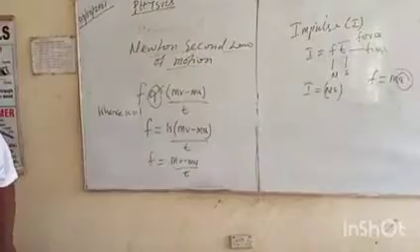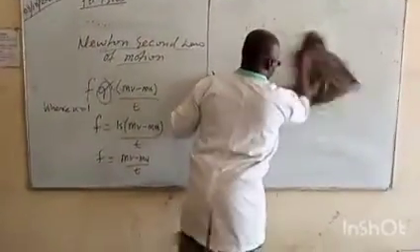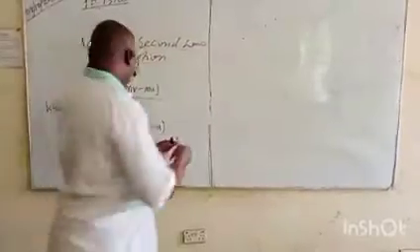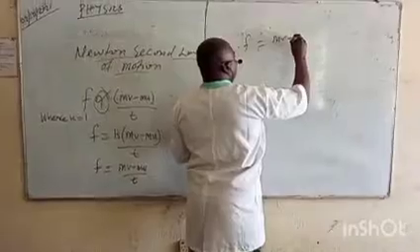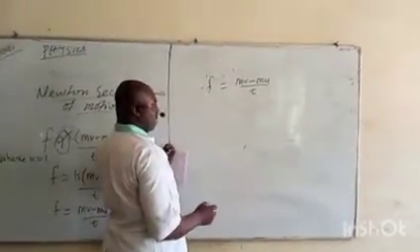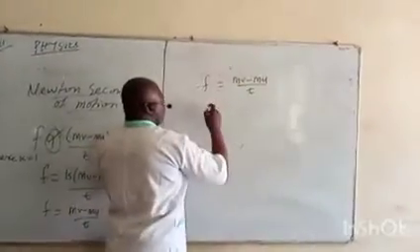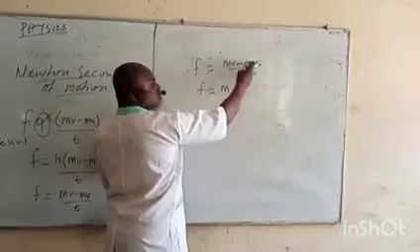This further explains that if F = (mv - mu)/t, we can simplify that F = m(v - u)/t, since m is common.